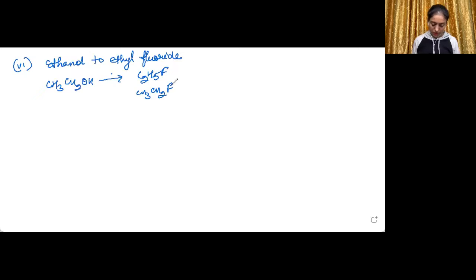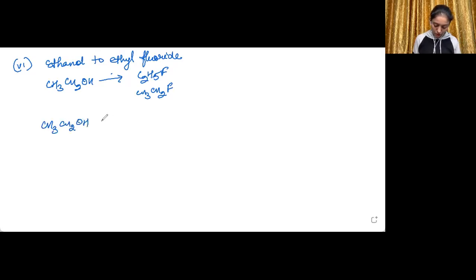Now, directly we cannot replace OH with fluorine. What we can do is replace OH with chlorine. Just treat it with SOCl2. If you look at the conversion of alcohols into alkyl halides, you will find that reaction.